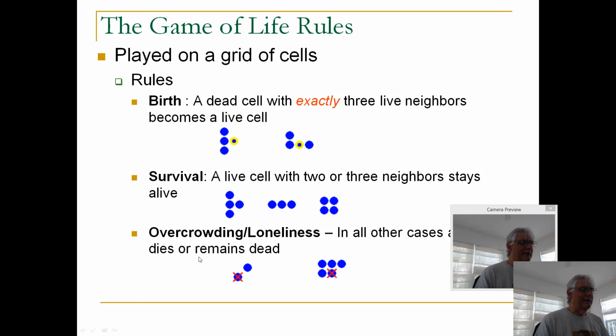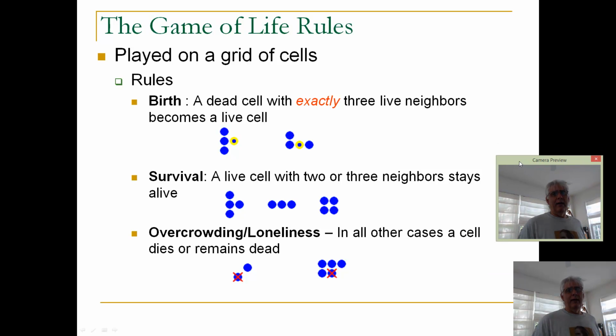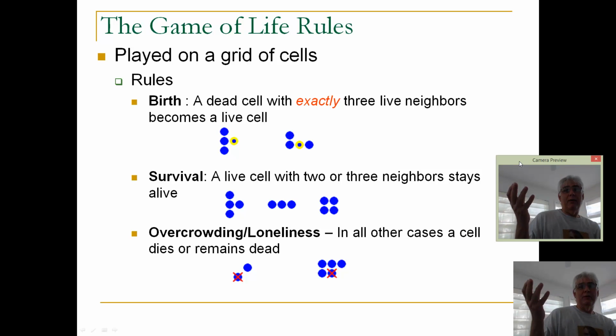And last, there's the overcrowding and loneliness rule. A cell dies or remains dead in the presence of overcrowding, too many neighbors, or loneliness, not enough neighbors. So this is sort of the default rule. Here we see the first case.